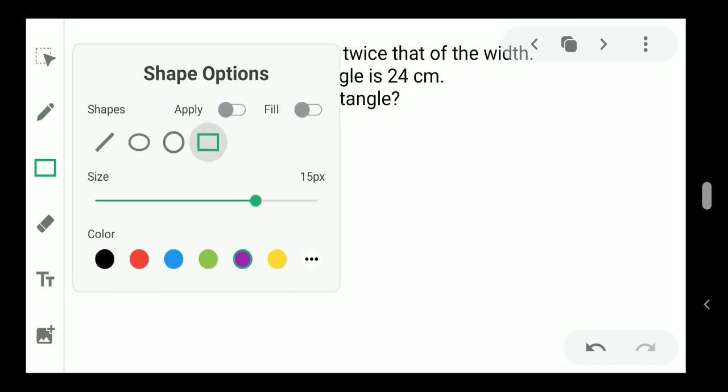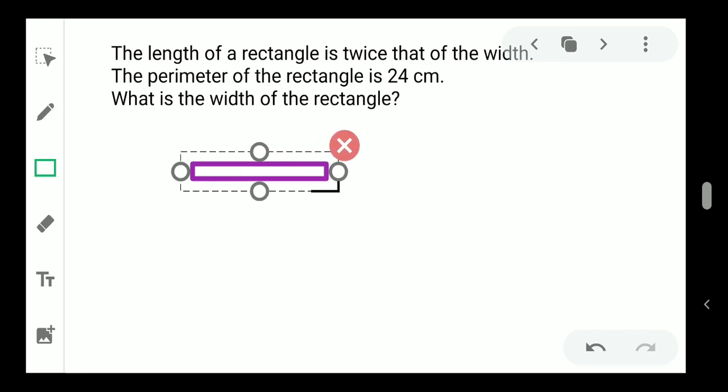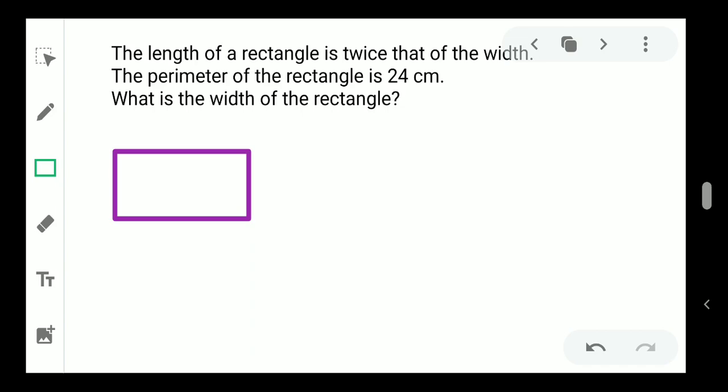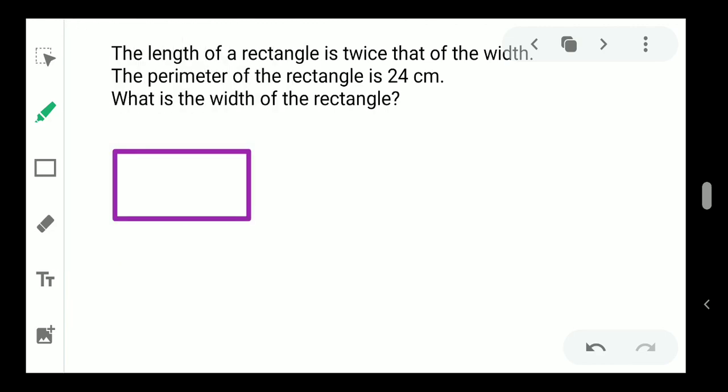So if I have one rectangle here, and I add all of the sides, this plus this plus this plus this, then whatever total length I get will be my perimeter, right?